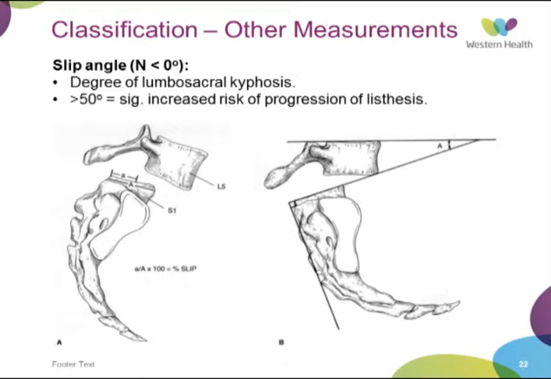So the bigger this angle, the bigger the slip angle, so the more kyphosis is present. So more than 50 degrees, there's a significant increased risk of progression of the listhesis, hence the forward slippage.